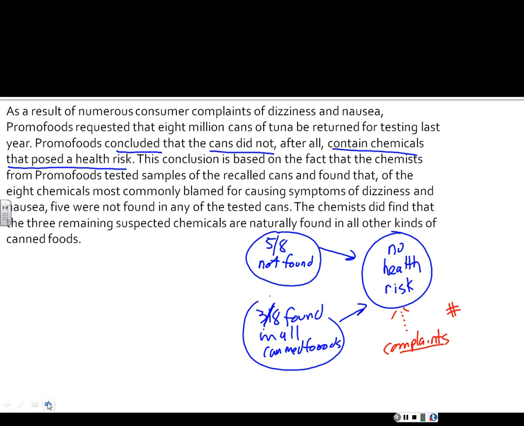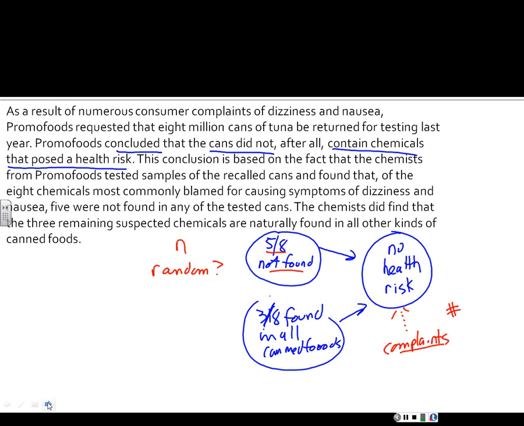On this 5 of 8 not found here, it does not provide any information about sample size. I'm not sure if they tested 5 cans, 20 cans, or 1,000 cans, or if they took a random sample, or if they just selected the first 30 cans that came in.